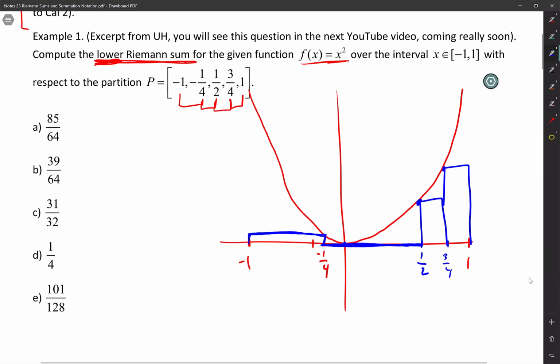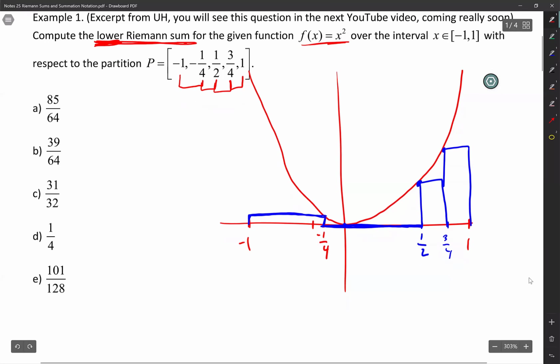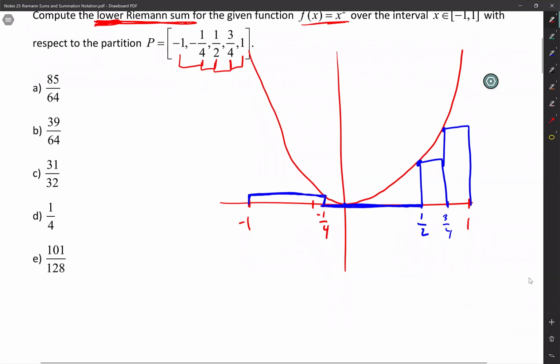So now we're going to calculate the area, guys. Area of the first rectangle. The difference between -1 and -1/4 is 3/4, and the height is -1/4 squared. Yes, I know I could have just taken out the negative and squared it, but I want you to see where it's coming from. This is the first rectangle.